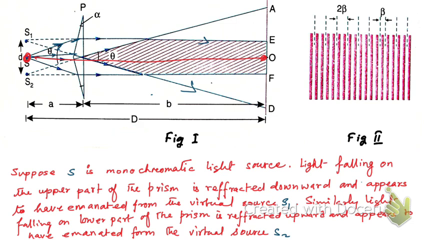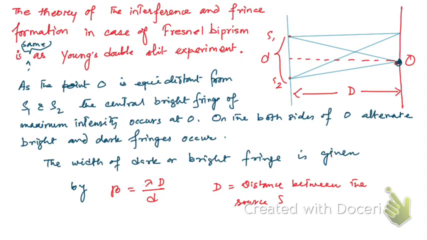That means the sum of two distances, A plus B. And small d is the distance between S1 and S2, which are the virtual sources. Okay, so from here we can determine the wavelength.